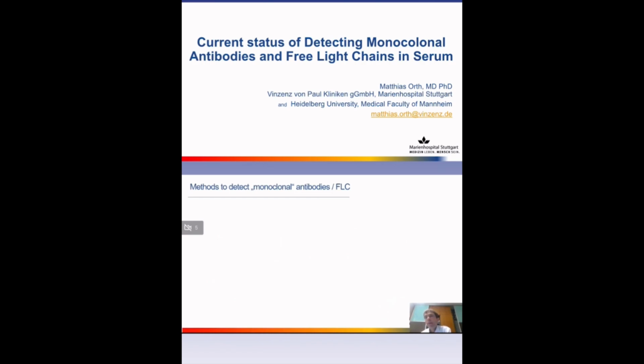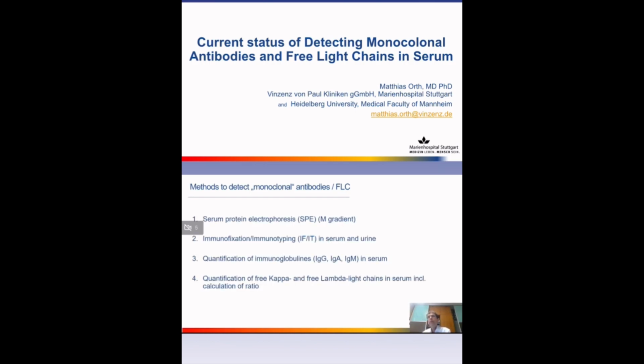What are the methods to detect free light chains or monoclonal antibodies in these patients? The oldest technique is the serum protein electrophoresis, and we are looking for this M gradient, monoclonal gradient. Then we can do some immunofixation, or the newer technique is doing immunotyping in the capillary electrophoresis from serum.